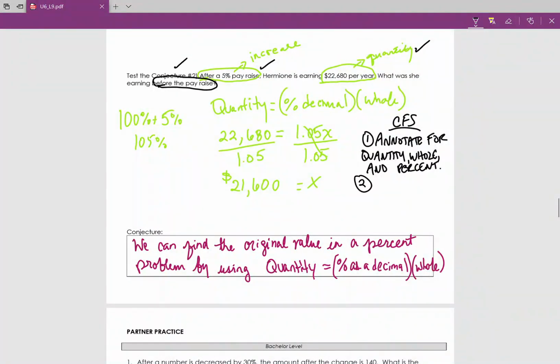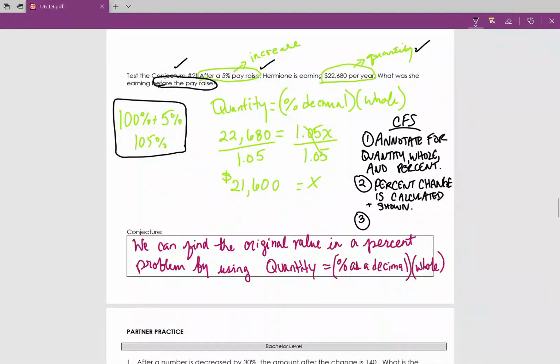2. Percent change is calculated and shown. That would be this guy right here. Percent change is calculated and shown.